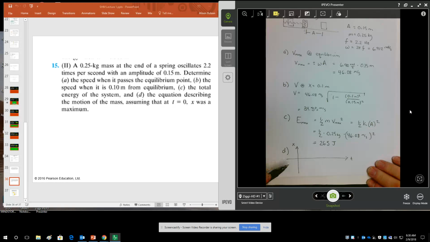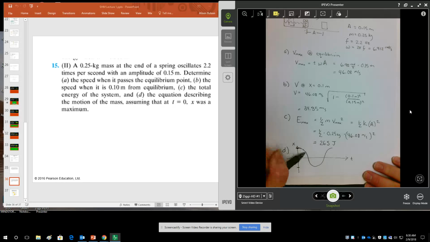We love that. Okay, so at t equals 0, x was a max. So I either have x up here or x down here. So I either have a positive cosine function or a negative cosine function. They don't really specify which, so being lazy, I'm going to choose positive cosine function. Position is at a max, velocity is at a min, so I should have a flat line right there.